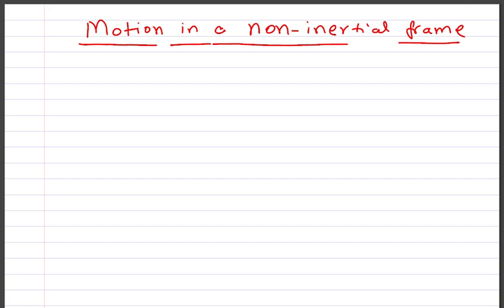You need not change anything. But if it is a circular motion, or an accelerated motion, suppose the bus you are sitting in is accelerating, then you feel additional forces on you when the bus takes a turn. These are all examples of non-inertial motion, non-inertial frames.